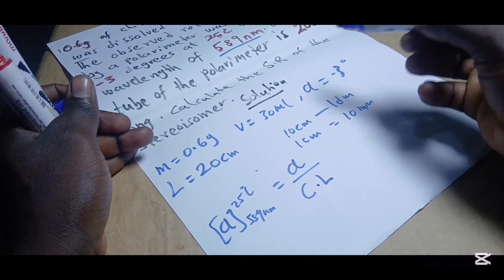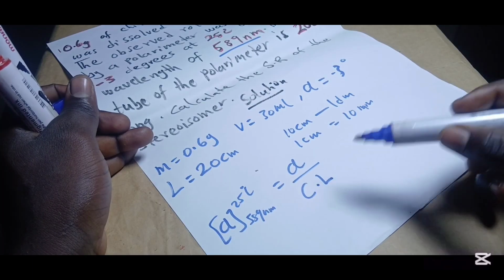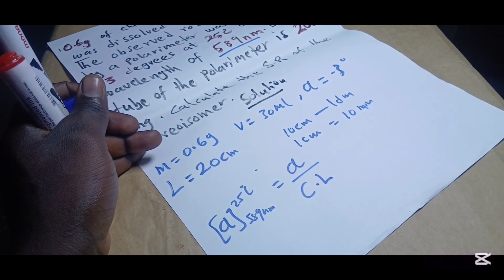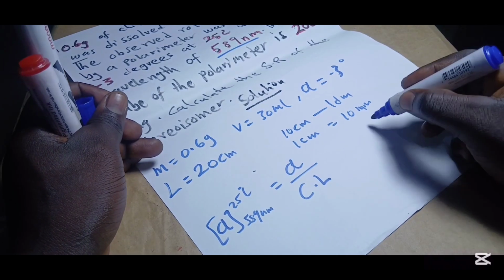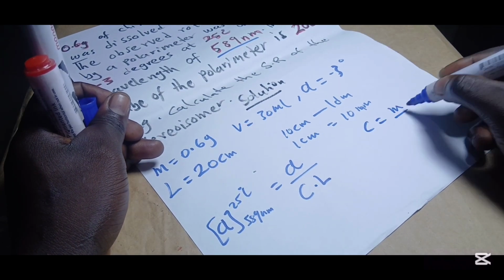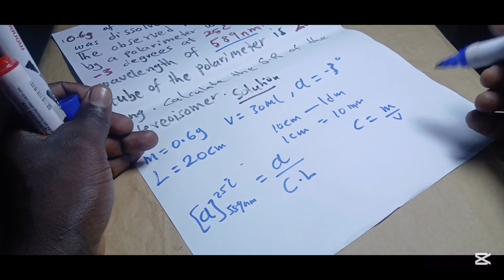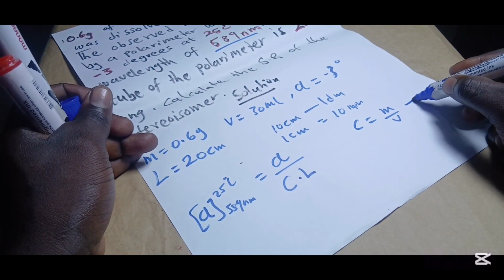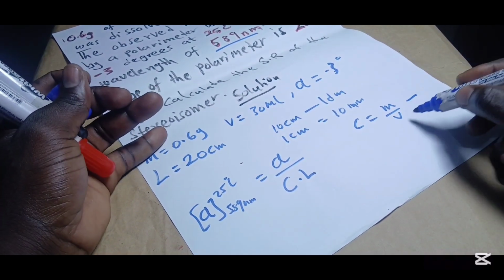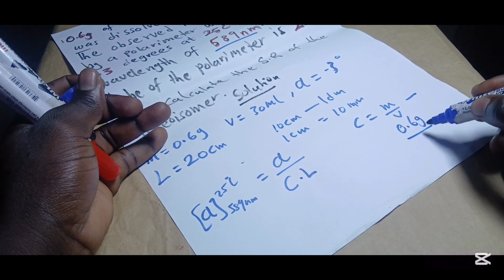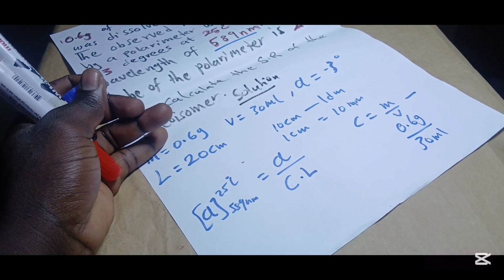We don't know the concentration. Concentration can be mass over volume. This is the formula for concentration. So we have the mass to be 0.6 grams over volume, which is 30 ml.